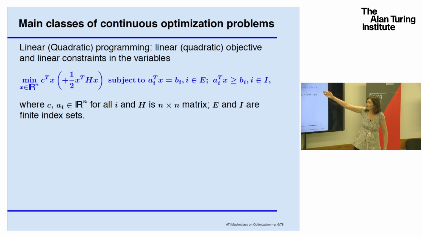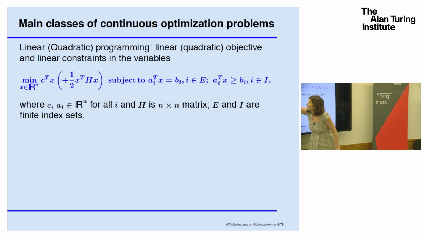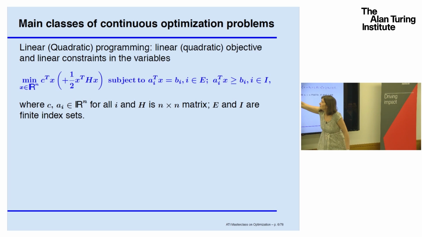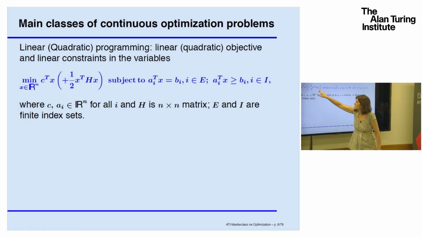So linear programming are optimization problems where you minimize a linear objective subject to finitely many linear equality and inequality constraints. You also have quadratic programming where you have c transpose x plus this quadratic function in x, again subject to linear constraints.